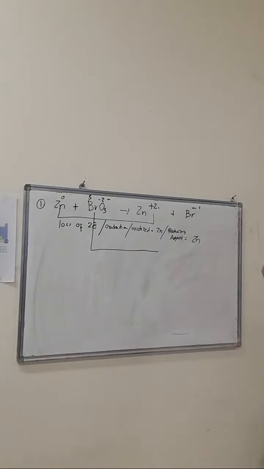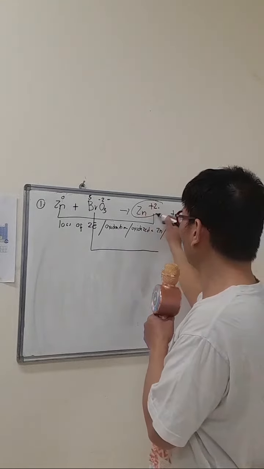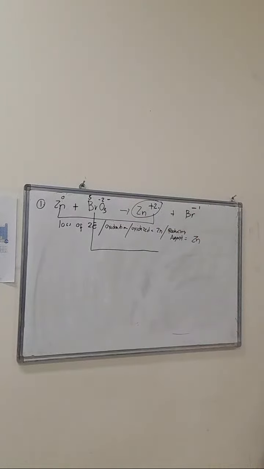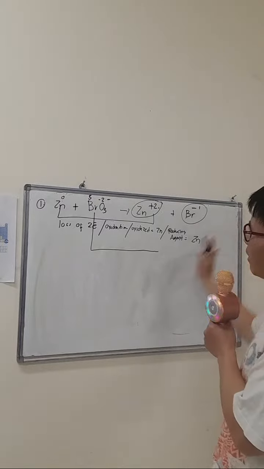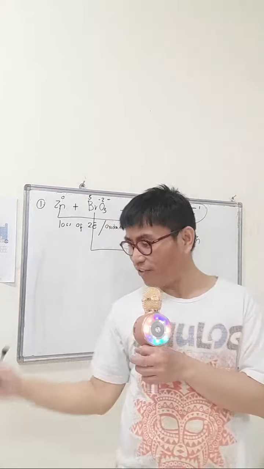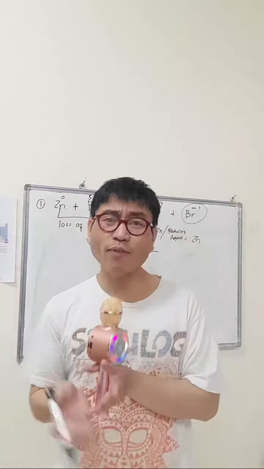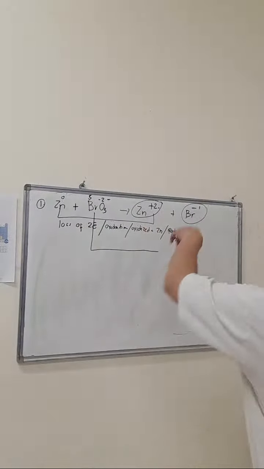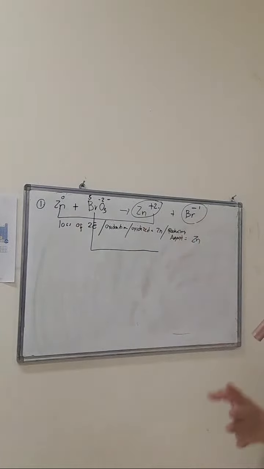Actually, I wrote only up to zinc +2. Then since my brain cells push me to think, there's this thing, that's why I put bromide negative based on my thinking. Because it will not be like this if there's no other halide. When I was writing in my reference, I forgot to write the bromine. That's why I put bromide here, -1. So when I do the reduction, something is missing, right?